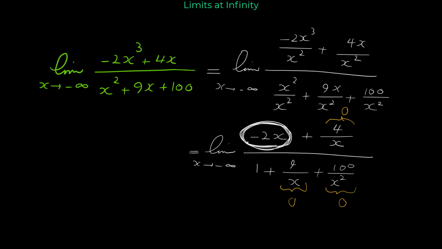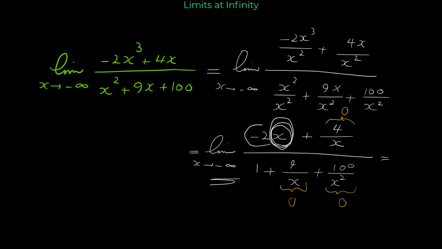So finally, what is this limit? Now here, if you pay attention, we have in the numerator negative 2x, and in the denominator we have 1. And attention, x approaches negative infinity. You can imagine it this way: x becomes larger and larger, but to negative infinity.